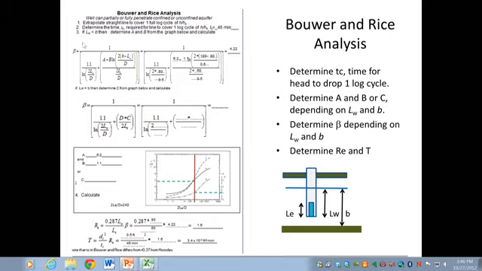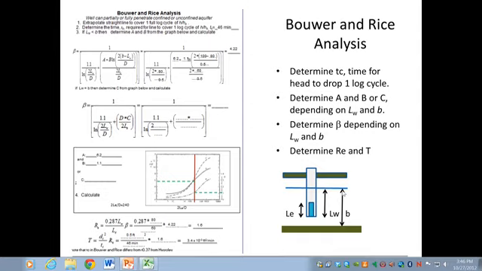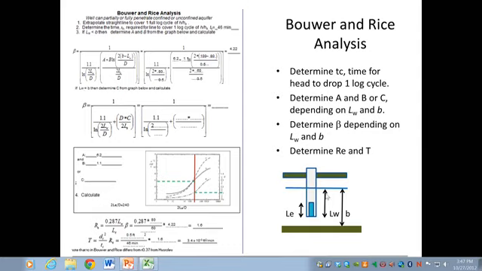So in step number 3, if LW is less than B, then you have to determine the constants A and B and do this calculation. So let's see, this is LW, and if that's less than B, then you do this example. The other case is if LW equals B, so this and this are equal.